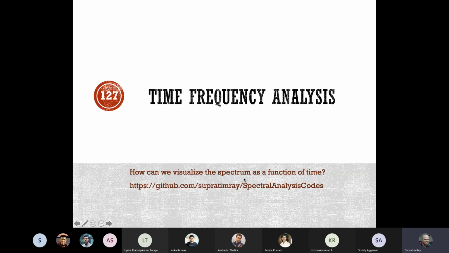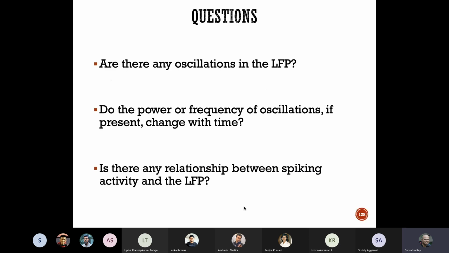It's a review paper of all the different time frequency analysis methods that are used in neuroscience. Along with that paper, there's data and code provided on GitHub. All you have to do is work with this, and I'm hoping it will make a lot of sense.